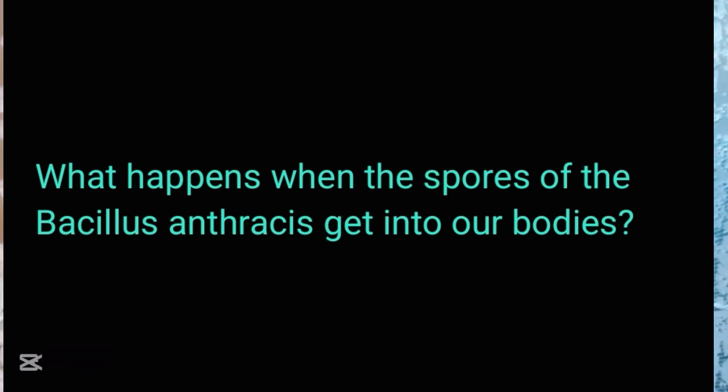a spore form. Remember that the spore form of the Bacillus anthracis can withstand the environment because it is surrounded by a shell. It is literally the vegetative form surrounded by a shell, such that it can withstand the extremely high temperatures and the absence of food and nutrients that is associated with the outside environment, an environment outside of the body of an animal or a human being.